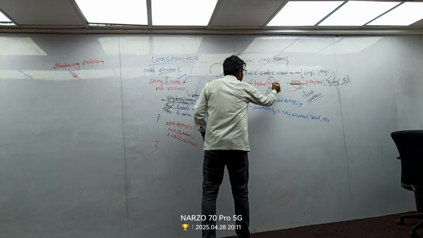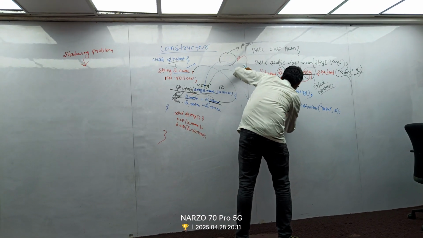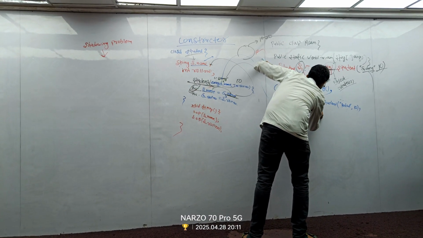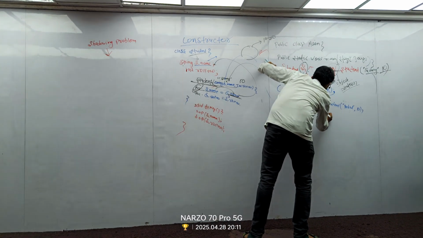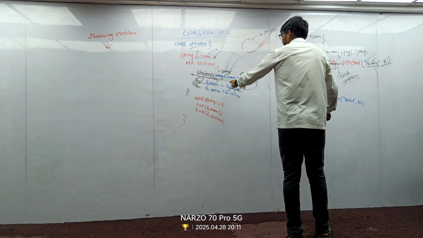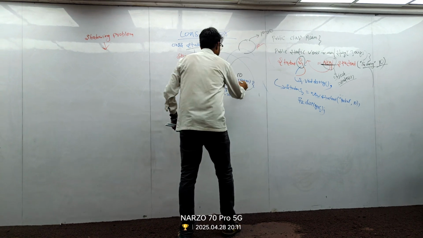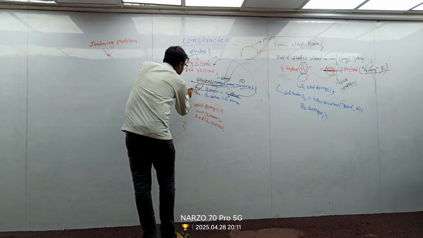Then s2.display(). So Rahul comes here in the string name, and the roll number comes here as an integer. Again this.name means the current object.